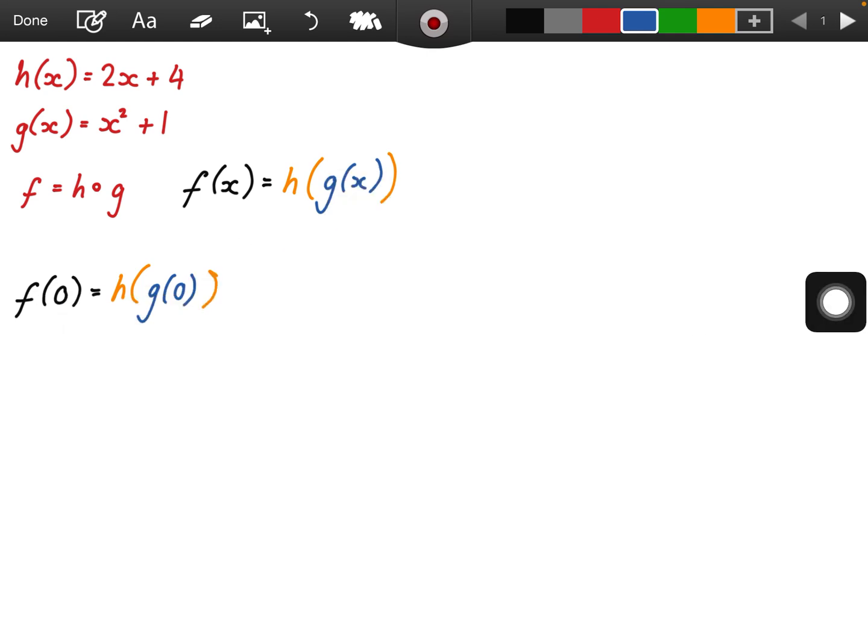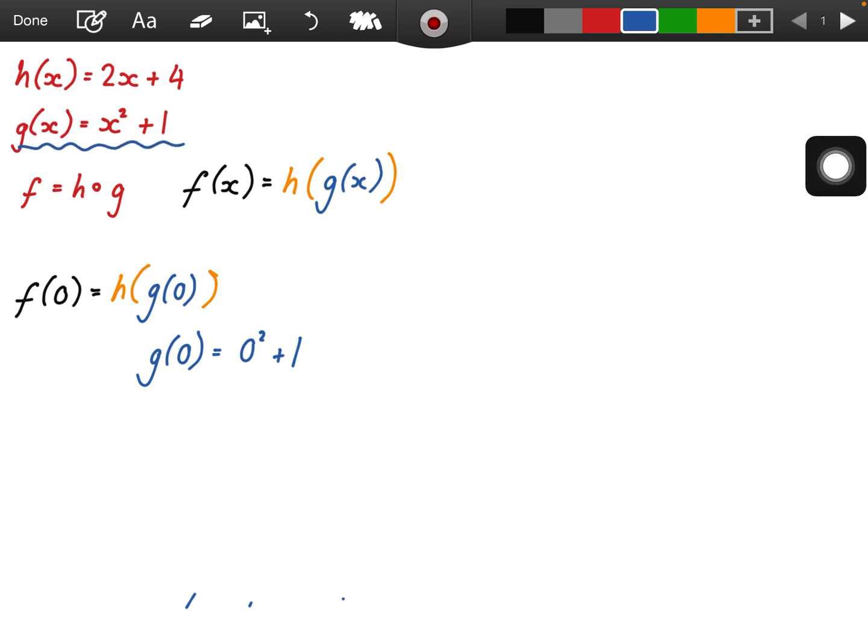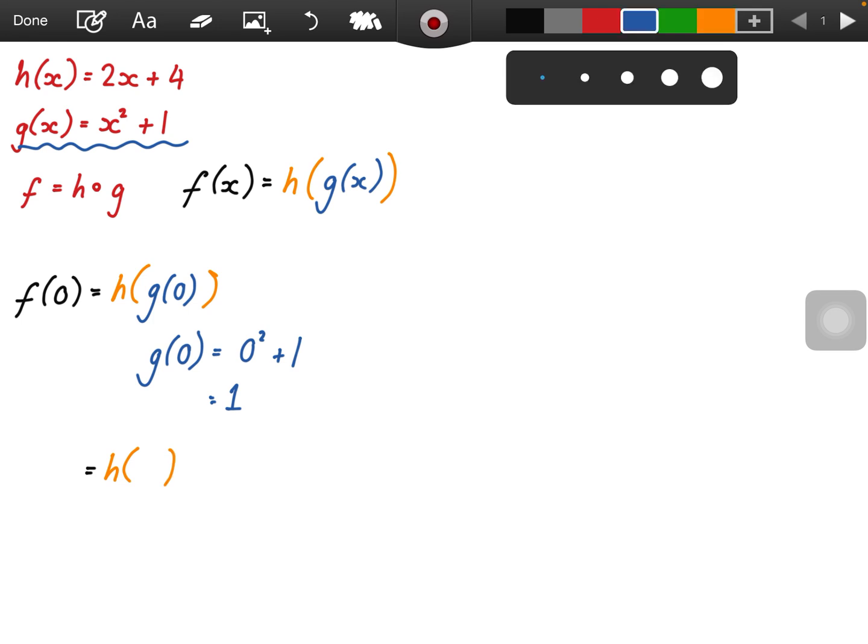First let's have a look at what g of 0 is. g of 0 is going to be 0 squared plus 1. I am using up here what g of x is. So we're inputting 0 into this function and we are getting that it is 1. So what I am actually finding when I'm finding f of 0 is h applied on an input of 1, so I am finding h of 1.